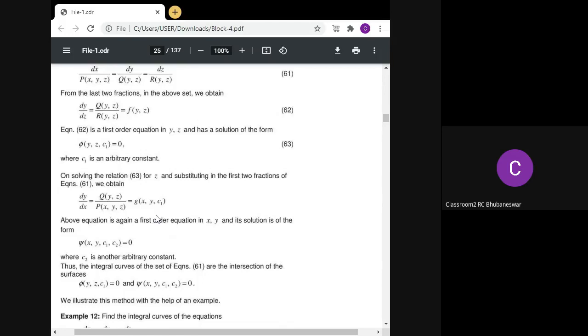Clearly this is a first order differential equation in x, and it can be easily solved. After solving, the relation will be in the form of a new function psi of x, y, c1 and c2.